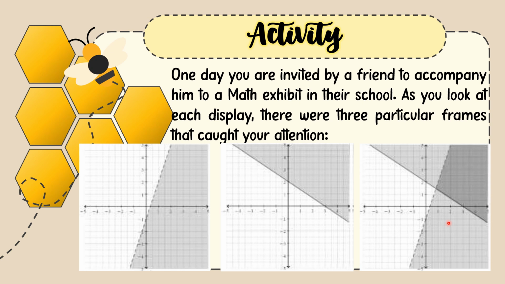Second question, how do the shaded regions in frames 1 and 2 differ from the shaded region in frame 3? So the shaded region for frame 1 is this part, frame 2, and as you can see on frame 3, the shaded regions of frame 1 and 2 are combined. So we have here a much darker shade. So this is the difference of frame 1, frame 2, and frame 3.